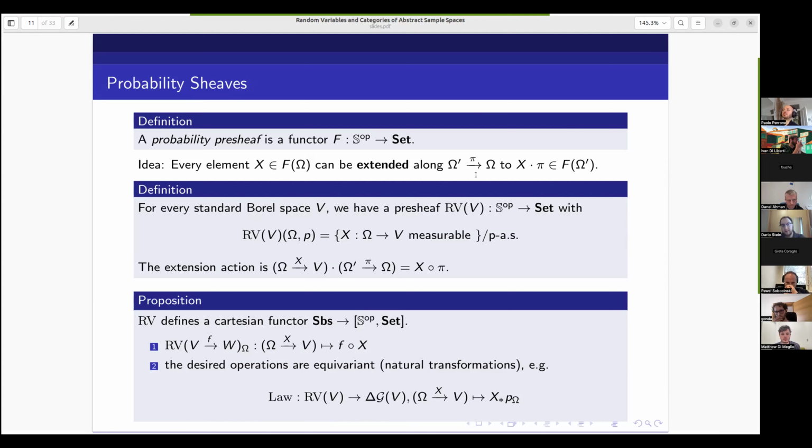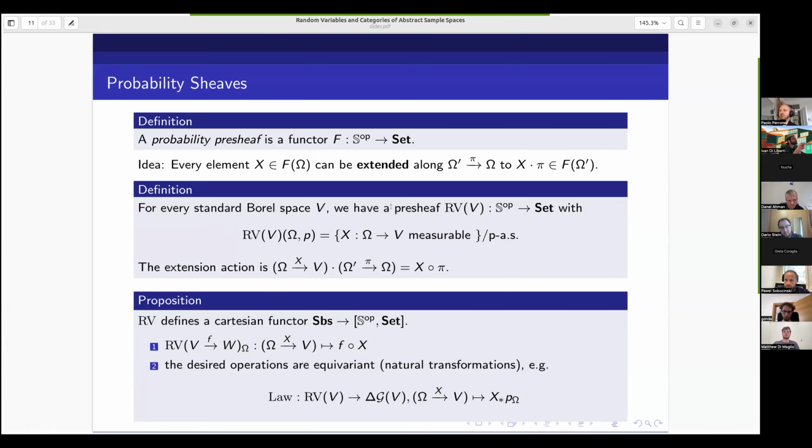And the functorial action means if we have one of these projections of sample spaces, we can let it act on the element, but because of contravariance, it means we can extend the element. If we have it on a small sample space, we can extend it and see how it would look on a larger sample space. And the way these toposes work is everything that we define will be equivariant under this enlarging operation of sample spaces, which is what Terry Tao talked about.